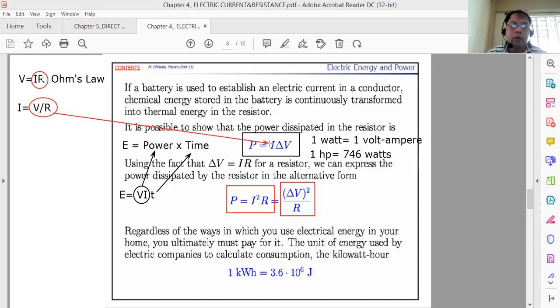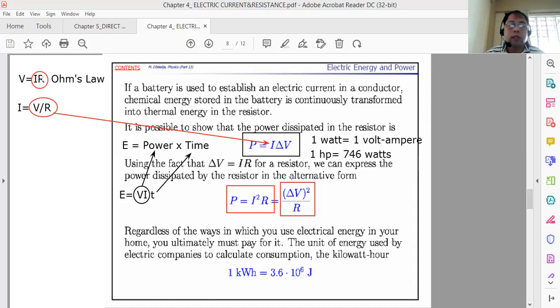If we replace that with V over R, and then there's another V value here, you'll notice that V times V becomes V square. So you could have V square divided by R as another equation for power. So power can be written in three different ways: either VI, I square R, or V square over R. They will all end up with the same answer.